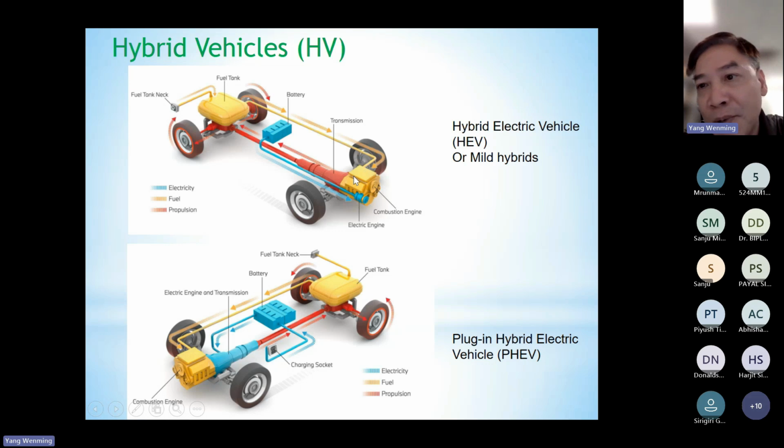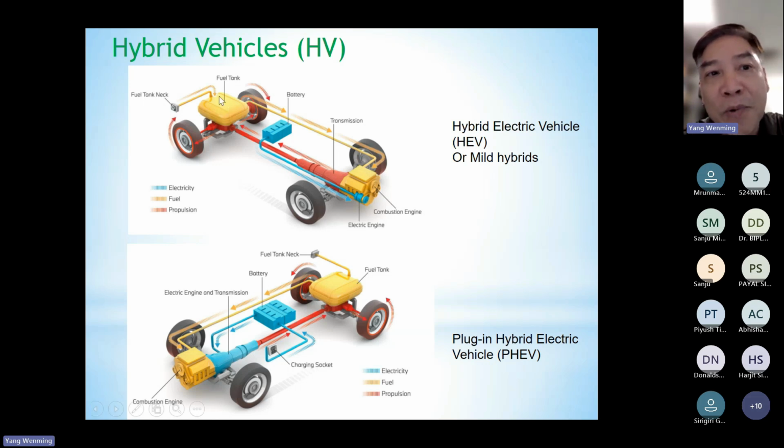For this kind of design, we can see the power produced by the engine can be used to charge the battery system, and at the same time, this engine can also power the transmission system. For this design, the only energy source is the fuel.